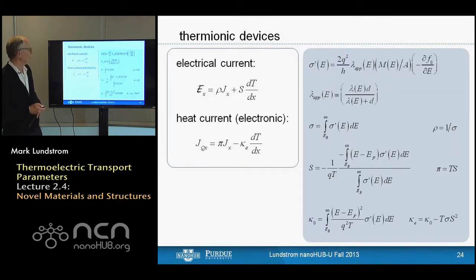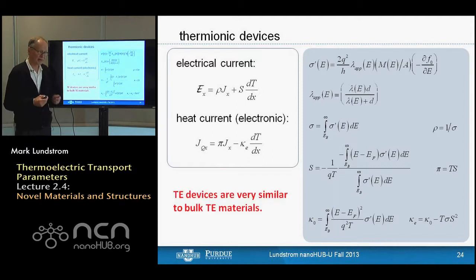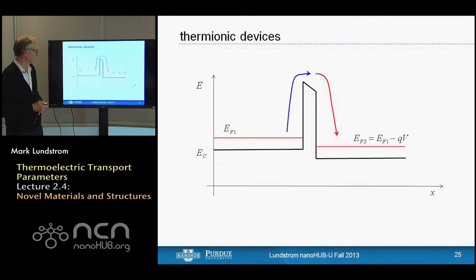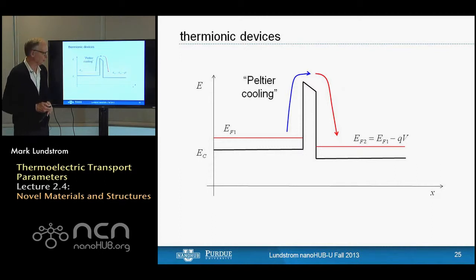So what we find in these thermionic devices is that when we calculate the transport coefficients, it looks very similar to a thermoelectric device. They're very similar to bulk materials, and that sort of asks us to think, now, why are they so similar? Well, in the thermionic device, what we have is energy filtering going on the left side of the barrier.